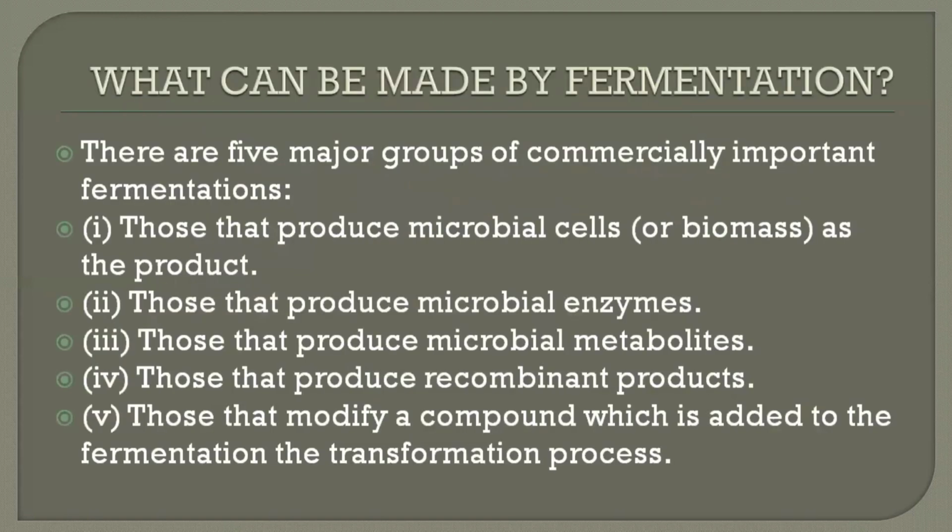There are some products obtained from the fermentation process. What can be obtained from it? The products of fermentation are divided into 5 major categories: microbial cells, microbial enzymes, microbial metabolites, recombinant products, and modified compounds added to the fermentation transformation process.